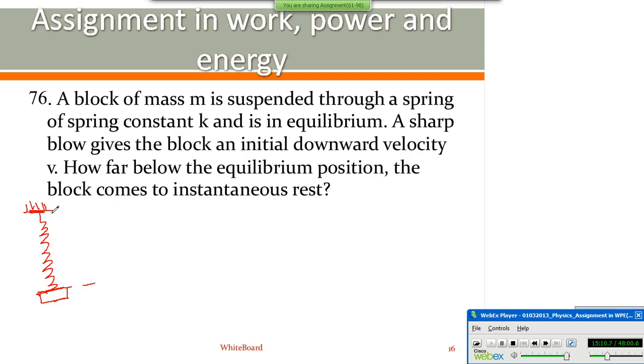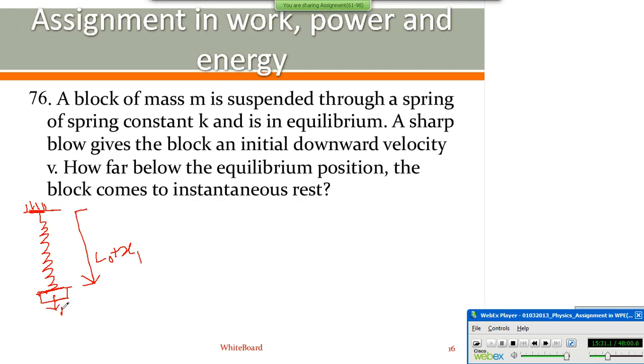Let x1 denote the elongation of the spring from its natural length in the original equilibrium position of the block. The equilibrium position of the block is the position where the net force on the block is 0.